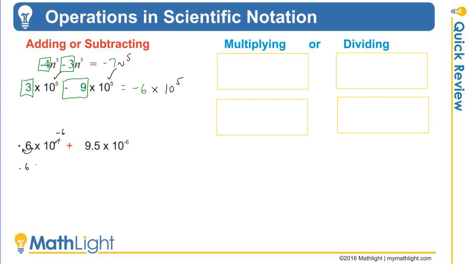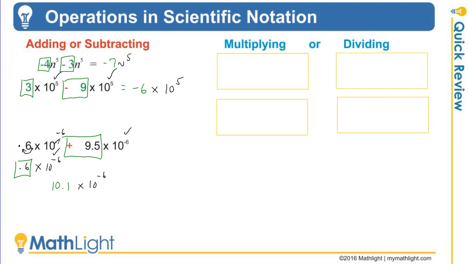Now I have 0.6 times 10 to the -6th. Now we have like terms, and now I can add the coefficients. 0.6 of them and 9.5 of them is 10.1 times 10 to the -6th. Am I done?